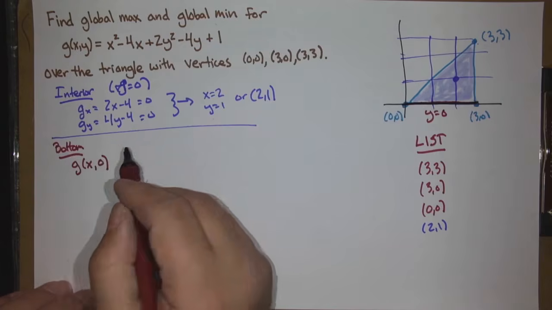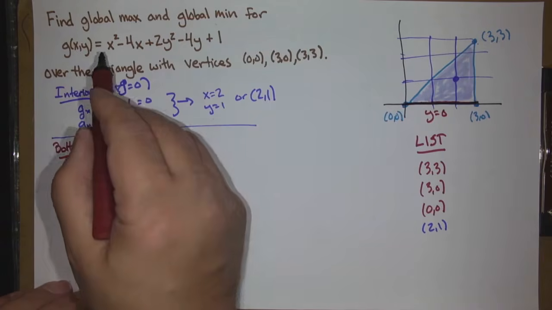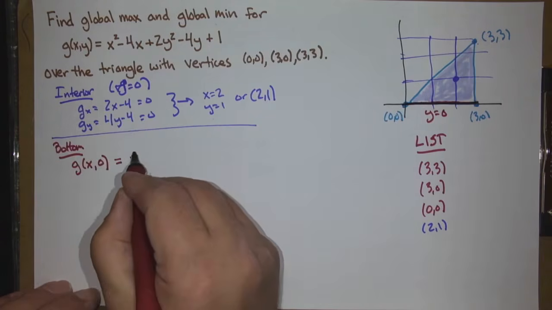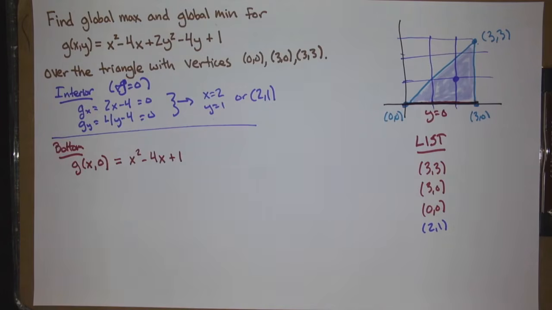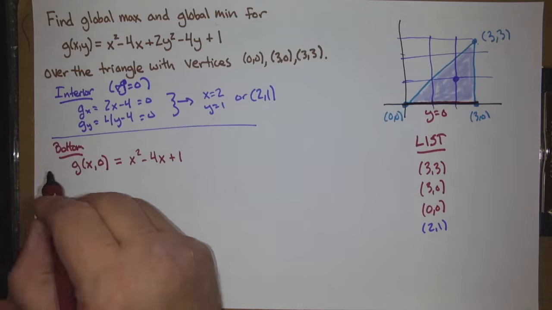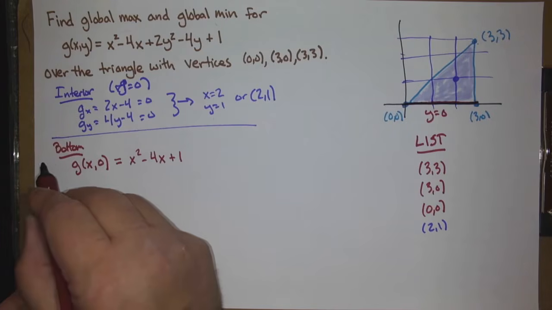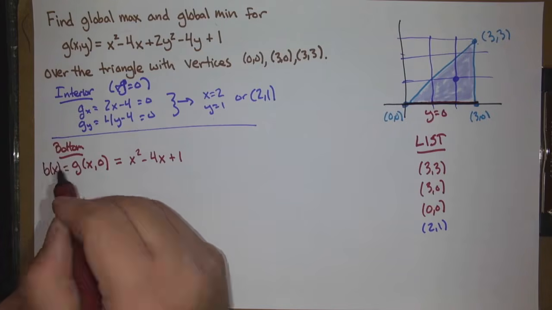So we're going to just put in y equals 0. And what do we get? Well, we get x squared minus 4x plus 1. And notice, it's a single variable function. We've reduced it down. Now that it's a single variable function, we can apply our tools. So we can give this a name. I'll call it b of x, for b for the bottom.